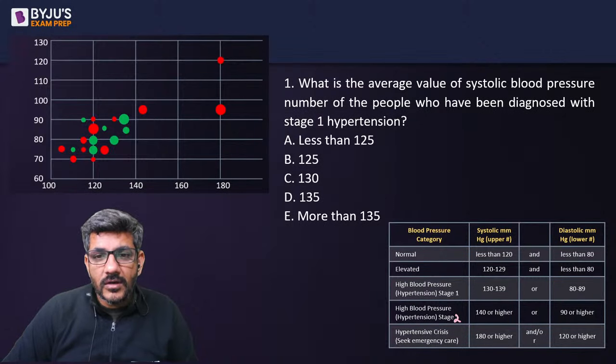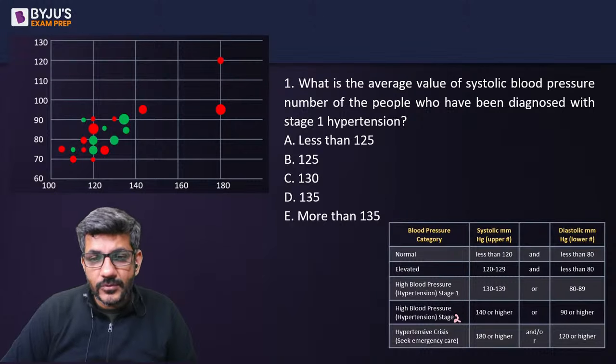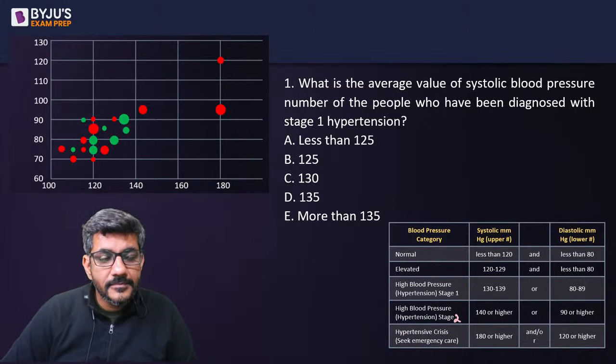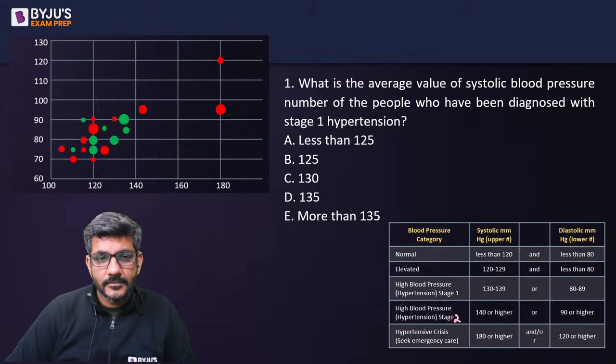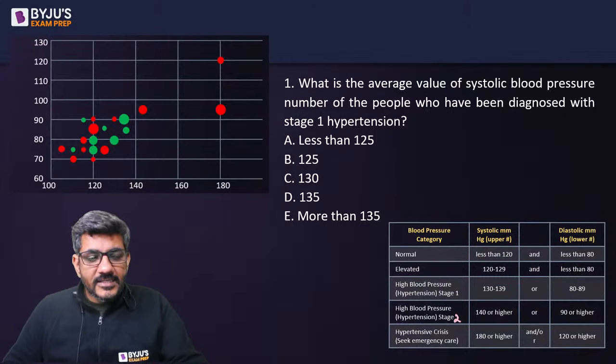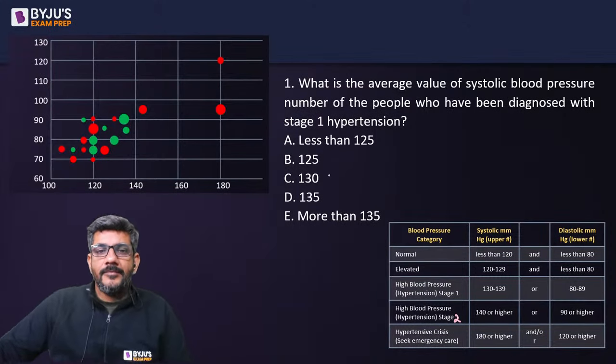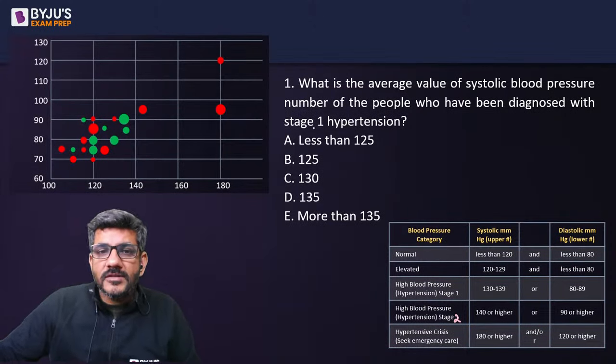Average value of systolic blood pressure of people who have been diagnosed with stage 1 hypertension. Let's start doing it then. Okay, चलिए करते हैं. So first of all, he says people diagnosed with stage 1 hypertension.